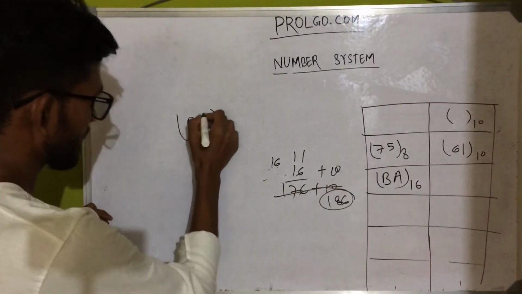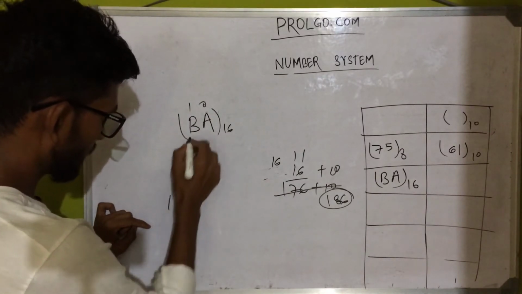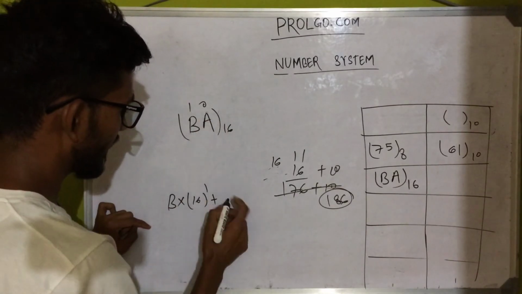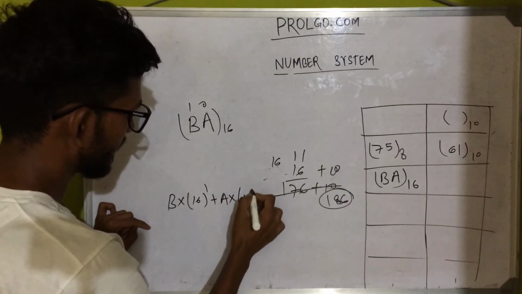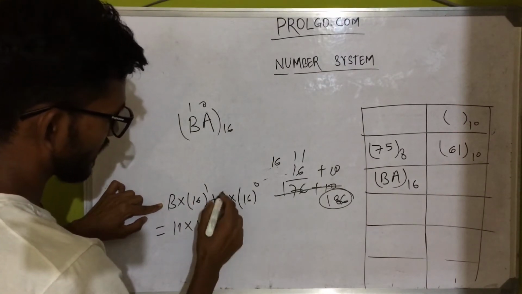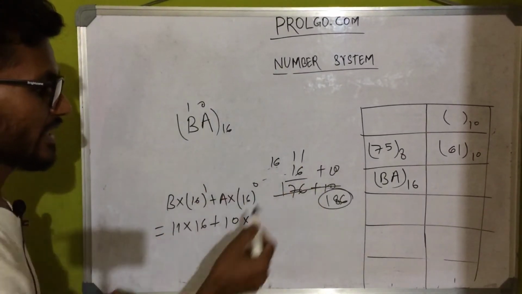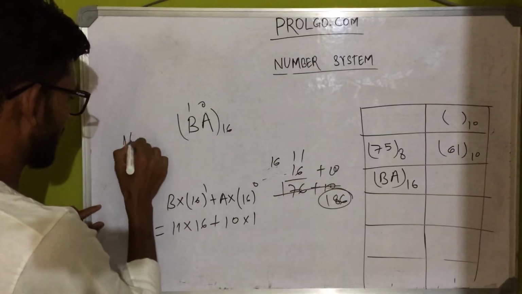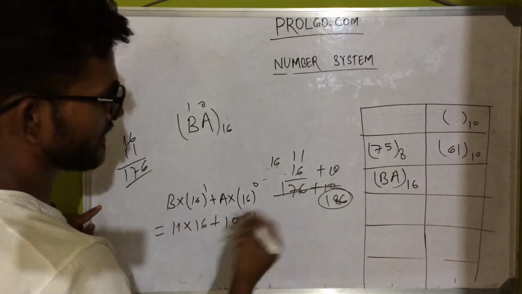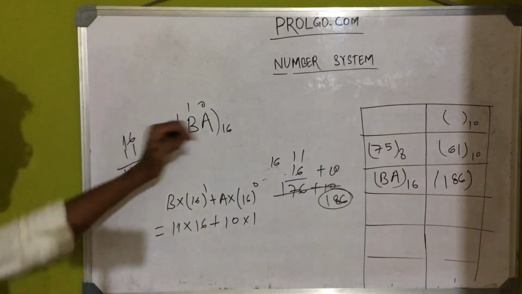With positions 1 and 0, we put B times base 16 to the power 1 plus A times base 16 to the power 0. B is equivalent to 11, times 16, plus A is equivalent to 10, times 1. I multiplied 11 by 16, which is 176, plus 10, so it will be 186. This is just simple, no hard calculation.